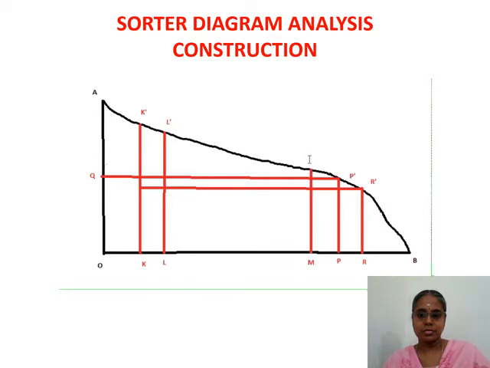So M dash is perpendicular to OB. So for OR, OL is 1 by 4 and OM is 3 by 4. So this is your L. After L dash is your upper quarter, and below M dash is your lower quarter.